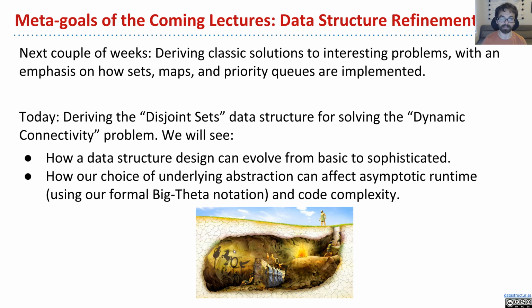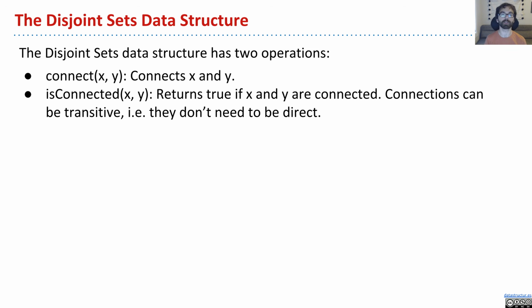Now, what I mean by that is disjoint sets is going to need to do a certain thing, and the choices that we make back here will deeply affect how difficult it is for us to showcase what the users want to see. Okay, so let's jump into what the disjoint sets data structure is.